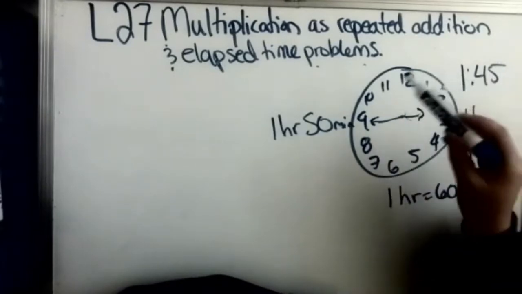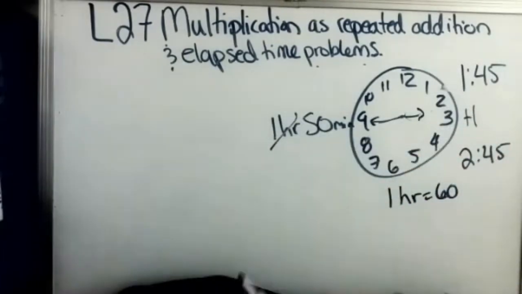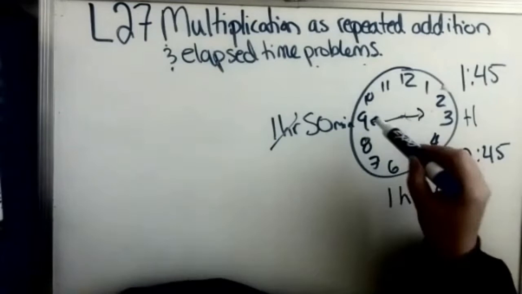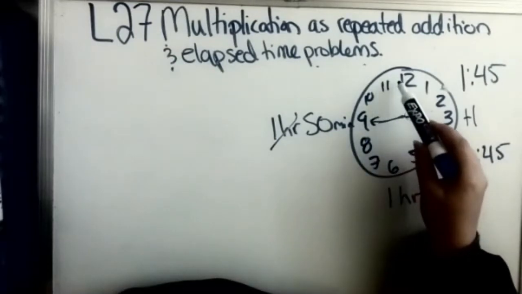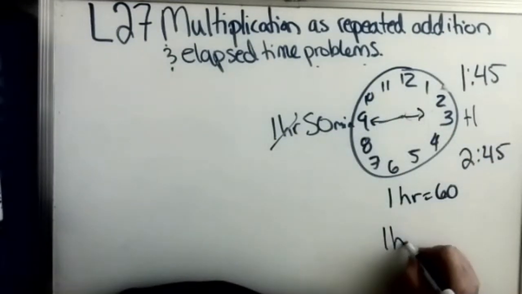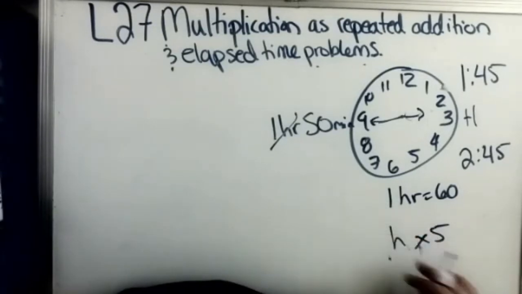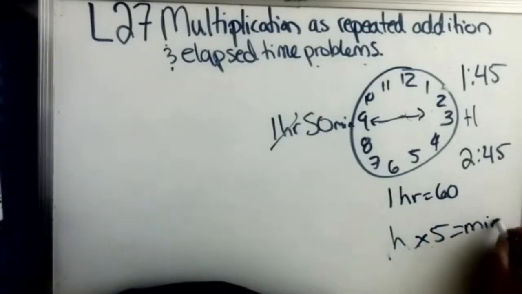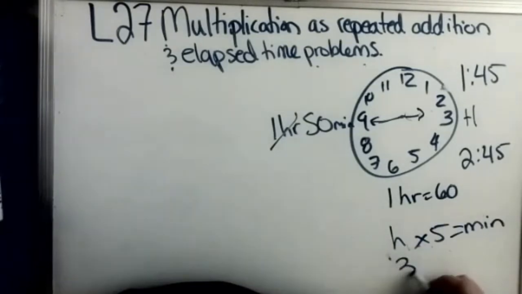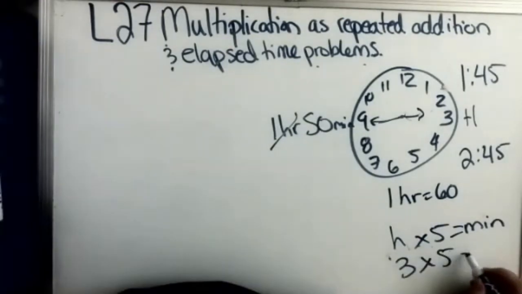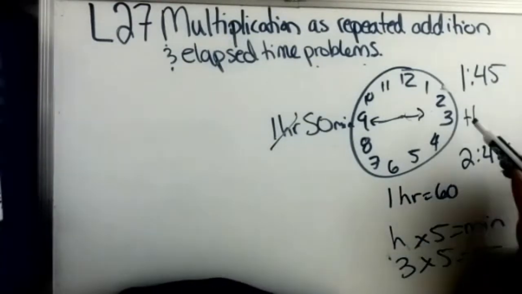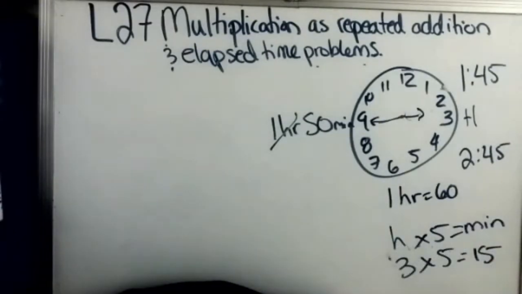I've used my hours, so I'm now going to do 50 minutes. Each of these is 5, because for each hour, you times it by 5 to get the minutes. So for example, 3 times 5 equals 15 minutes. That means the 3 on my clock is 15 minutes.